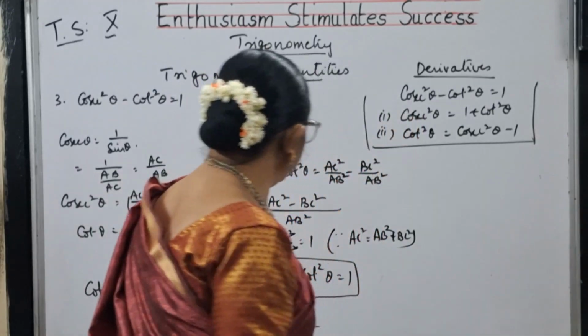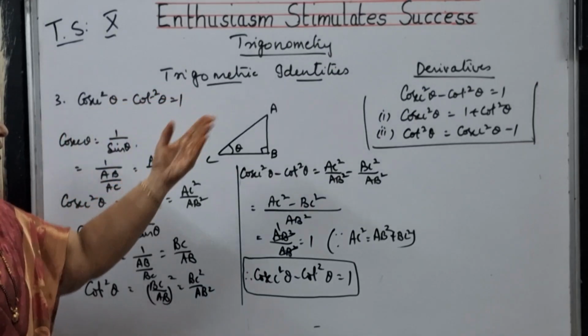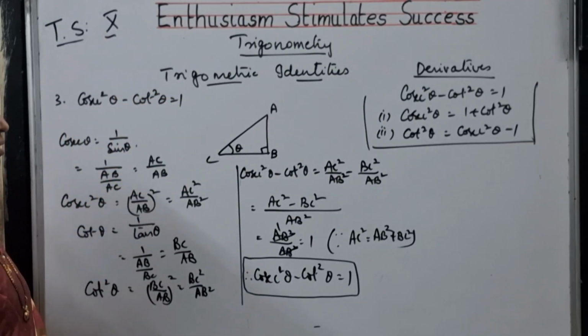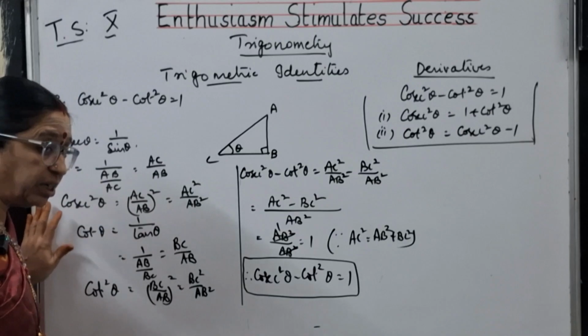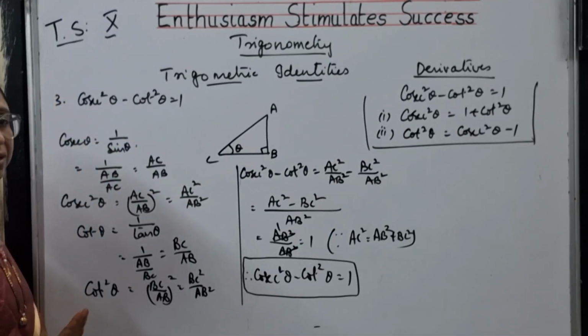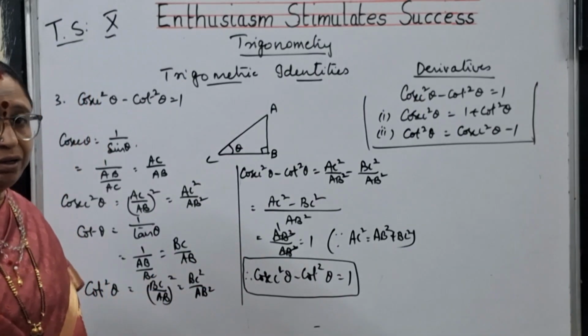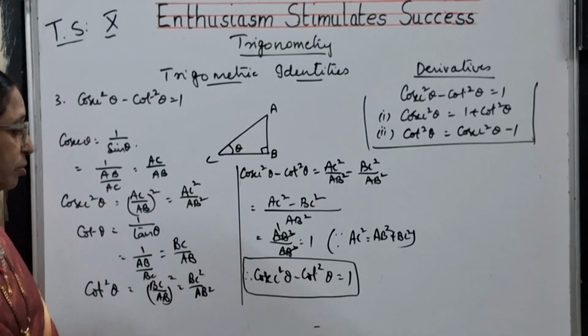Please note down all the three identities, you should learn by heart, and derivatives also. When you know this, automatically you will be getting the derivatives, making one as the subject, that's all. And then its derivation, how the particular identity has come, this also you should know perfectly well, because these you are getting in the short answer type questions.